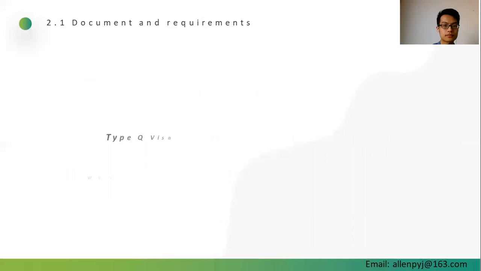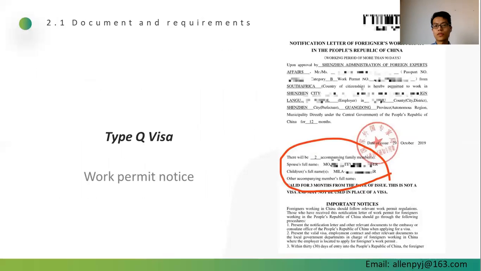There's something you have to pay attention to: the Type Q visa is on the work permit notice when you apply for the work type, when you apply for the WPN. As you can see, there will be two accompanying family members showing on your WPN, which is for your work visa application.